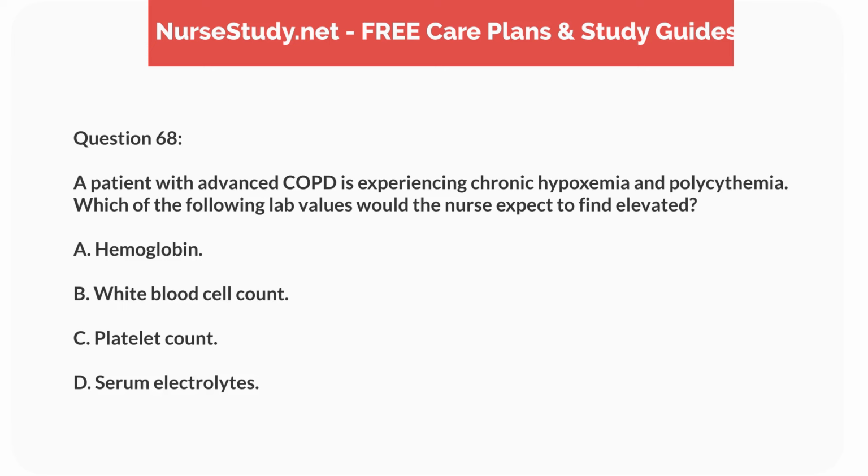Question 68. A patient with advanced COPD is experiencing chronic hypoxemia and polycythemia. Which of the following lab values would the nurse expect to find elevated? A. Hemoglobin. B. White blood cell count. C. Platelet count. D. Serum electrolytes.